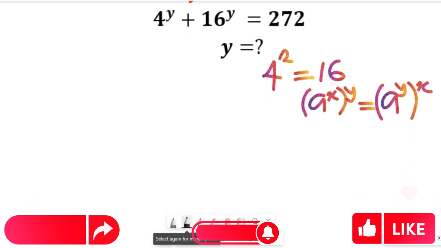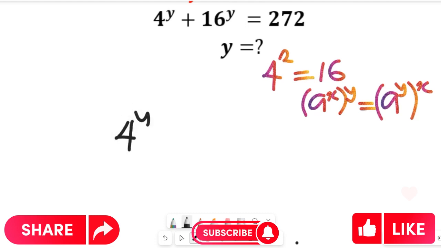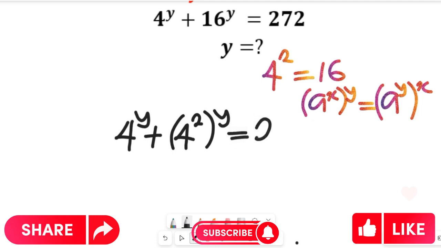To get the solution to this equation, we're going to apply that expression. If we apply that expression, we'll have 4 to the power of y plus 4 squared to the power of y, and this will be equal to 272.